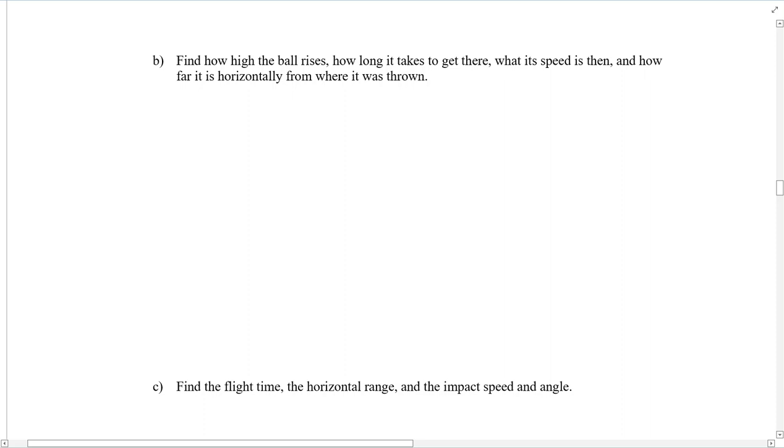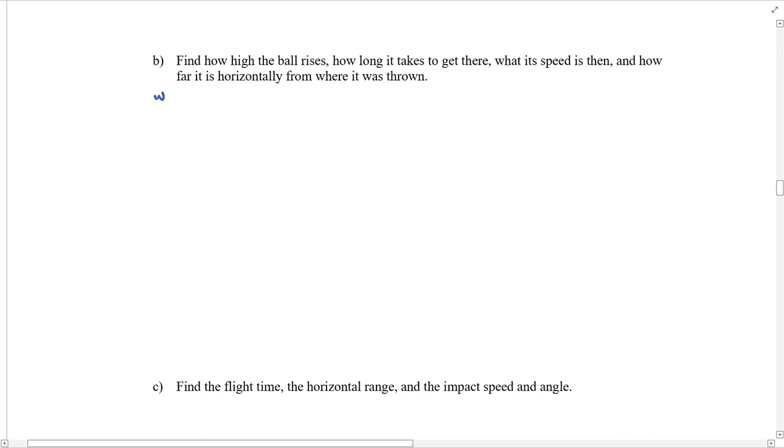Yes, very good. If I want to know how high the ball rises, and this is where your physics knowledge is really going to help you guys. When you think of a projectile, when the ball is coming up, there's that moment where its vertical velocity is 0, and that's when it comes back down. So if you ever want to know how high something goes, you make the velocity in the y direction equal to 0.